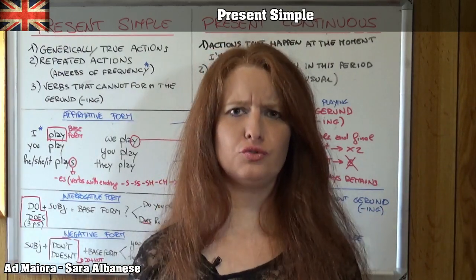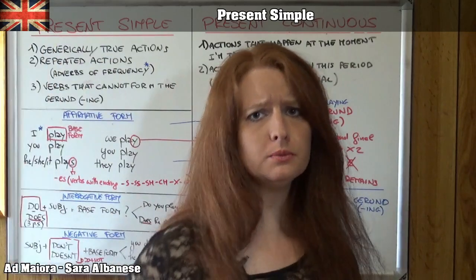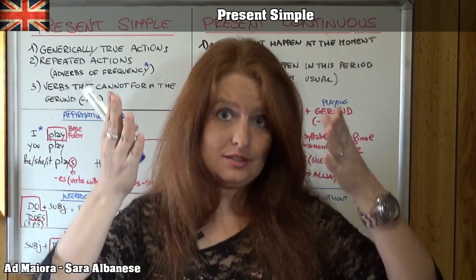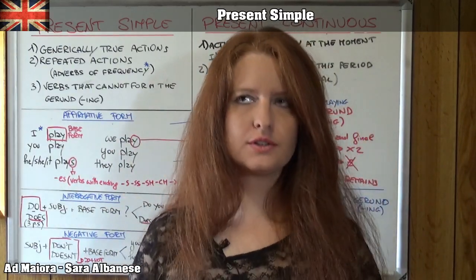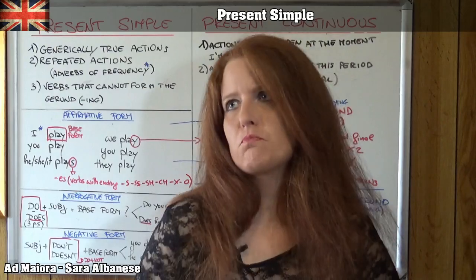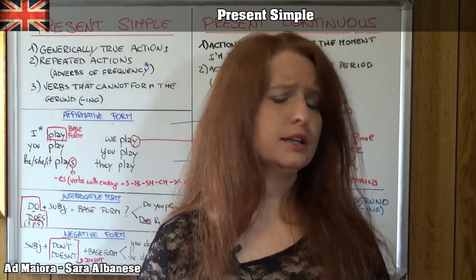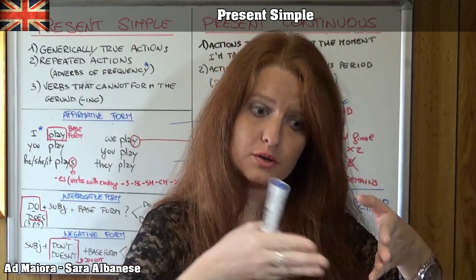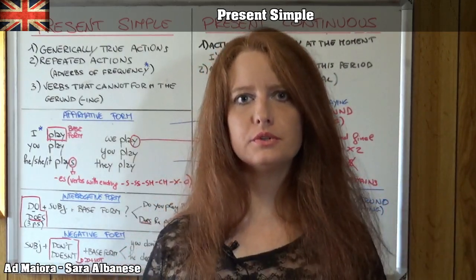This is always true. It was true, it is true, it will be true. And this is scientific, so this is a very strong statement, but it could be also something more personal. If I say, I don't know, I live in Italy, this is an action which remains true for a long period of time.